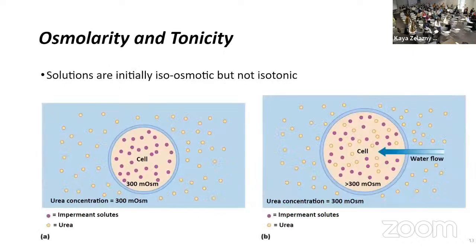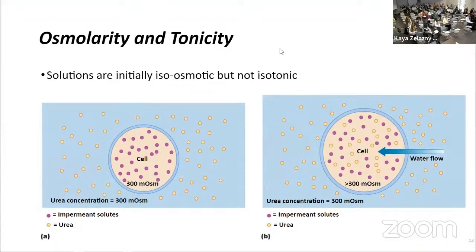Okay. So to just see why that makes a difference, you can think about a situation that starts out isoosmotic, but not isotonic. So in this situation, we have an isoosmotic solution because if we do the math, we find that we have the same osmolarity inside and outside the cell.